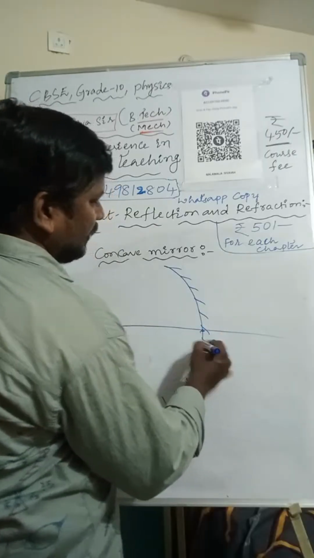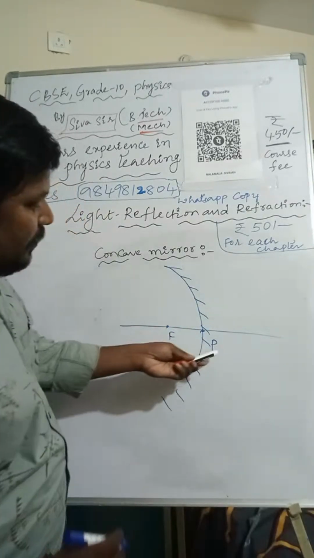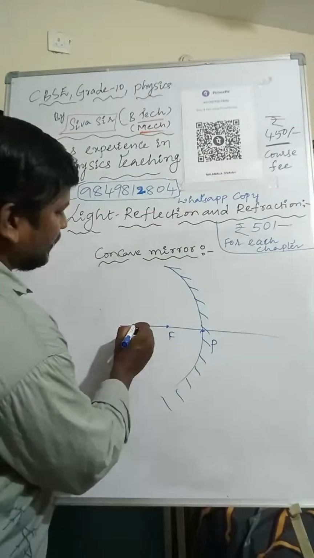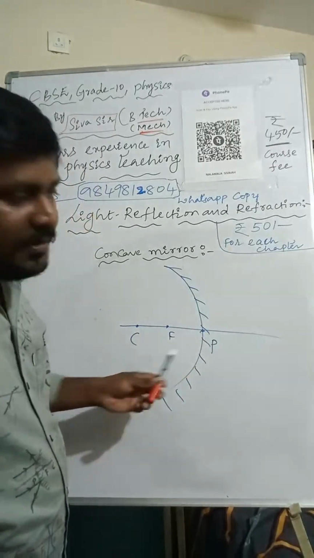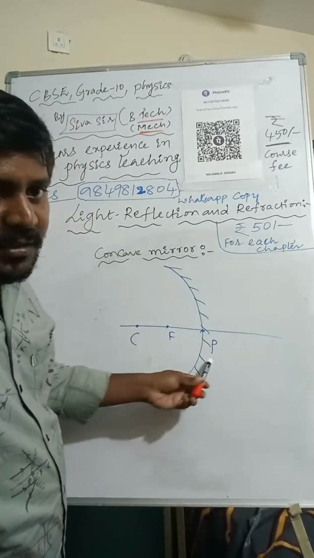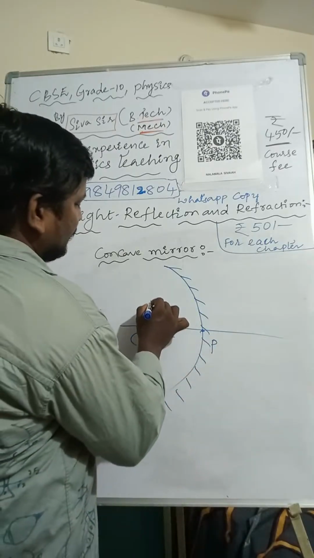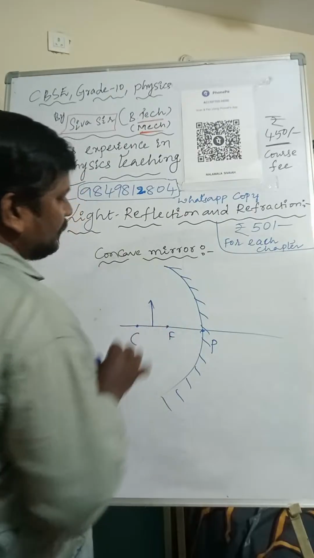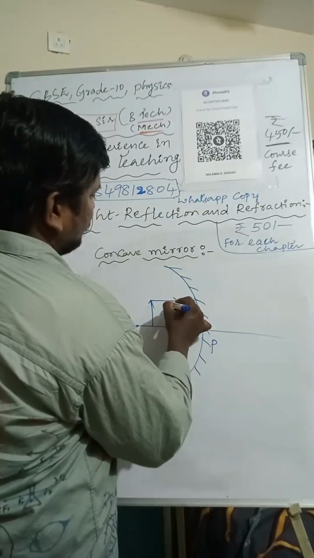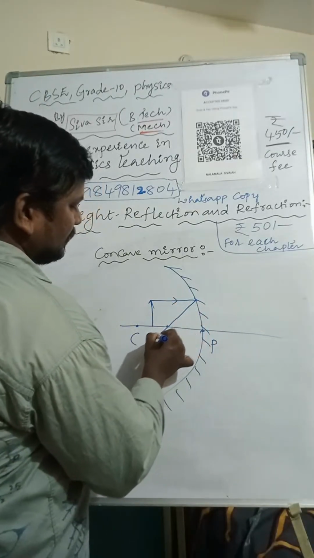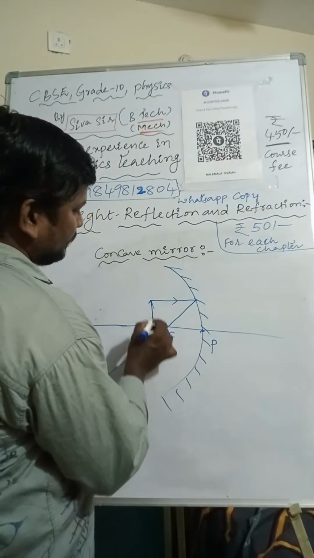Here is the pole, this is the focus, and this is the center of curvature. Object is here. One light ray I am taking like this. It passes through focus. One more ray I am taking.